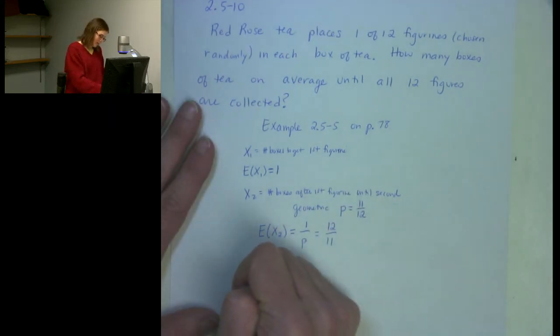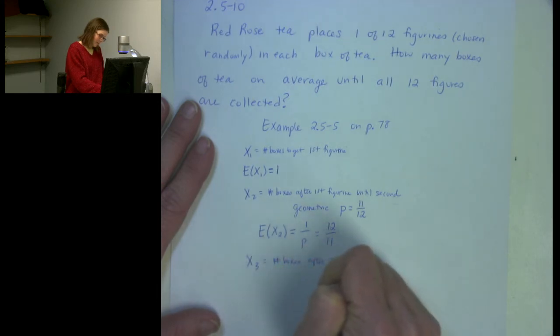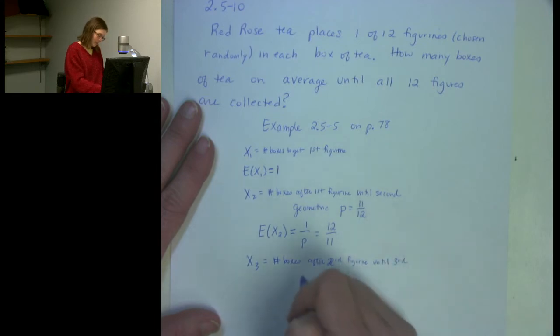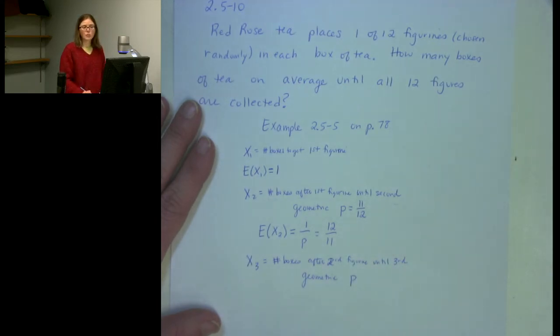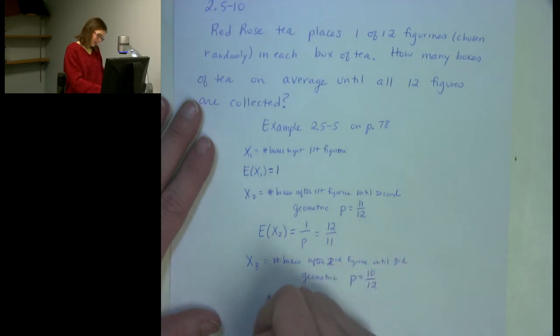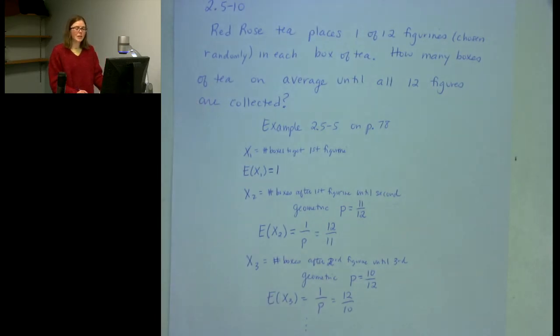Now the number of boxes after the second figurine was collected and until the third, this is again going to have a geometric distribution, but now our P is different. There are 10 out of 12 figurines that we haven't already collected. The expected value of X3 is 1 over our new P, which is 12 over 10, and we can continue this process. As I say, it's very similar to example 2.5-5, so take a look at that if you're having trouble.